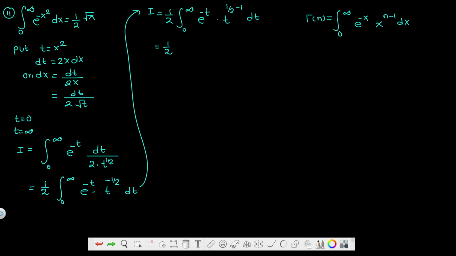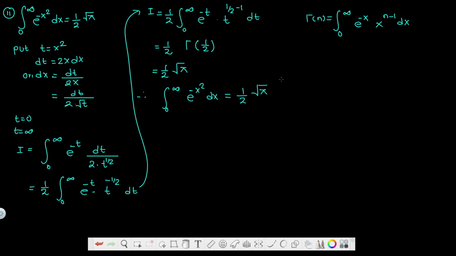So this must be gamma 1 over 2, and we know that gamma 1 over 2 is square root of pi. Therefore our integral I, which is integral 0 to infinity e to the power minus x square dx, equals 1 over 2 times the square root of pi.